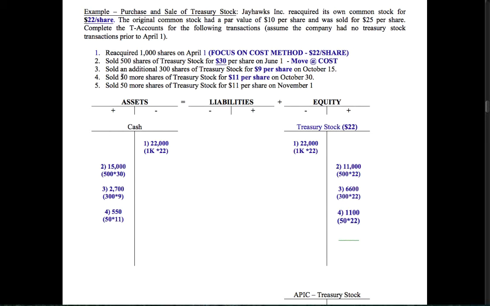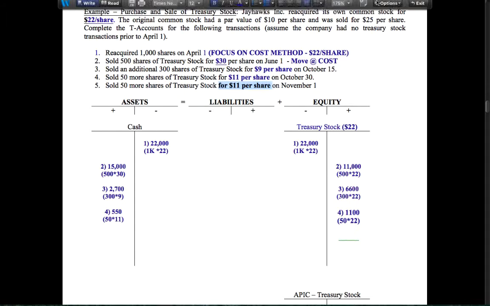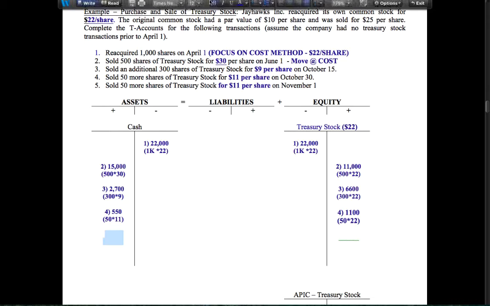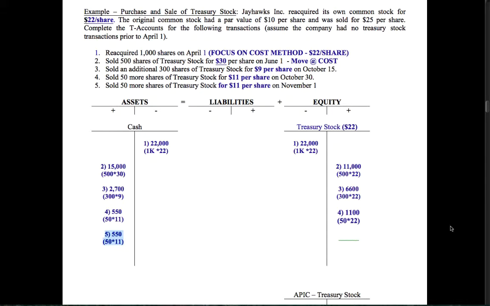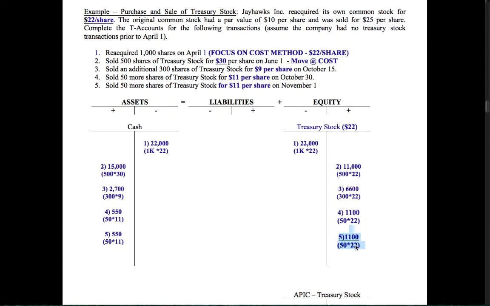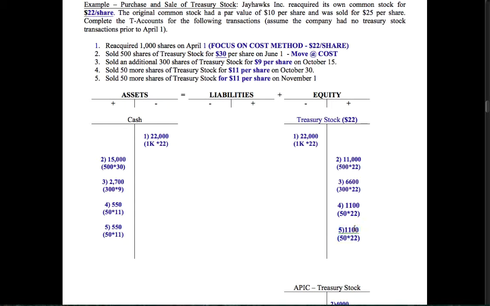Now, number 5, we sell similar to what we just did for number 4. We sold 50 shares for $11 per share. So we first do the entry we know for cash of $550. We know what we need to do for treasury stock. We need to remove it at the cost acquired of $1,100, which is the 50 times the $22.